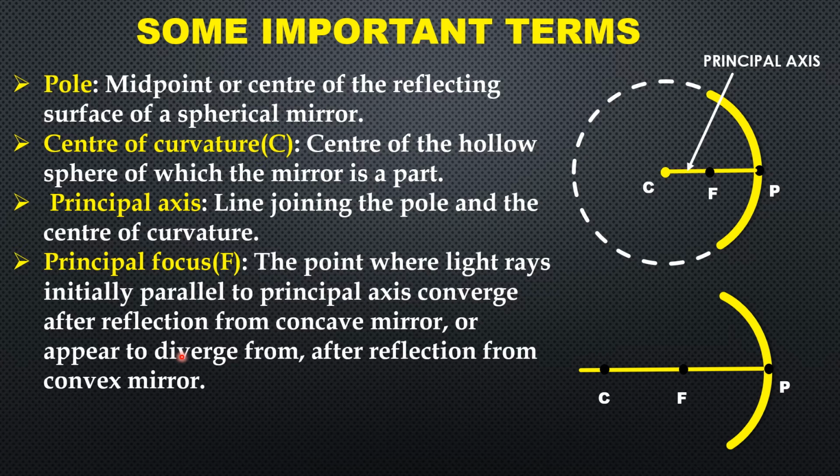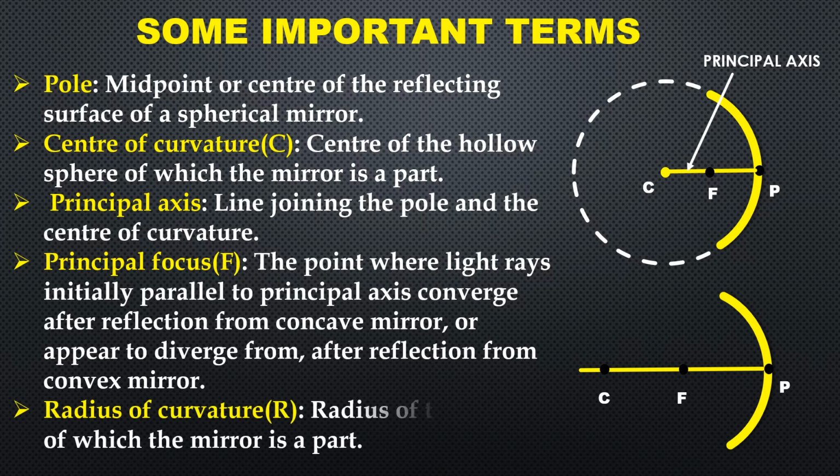They converge after getting reflected from the concave mirror at this particular point, which is known as the principal focus, and they appear to diverge from it in the case of a convex mirror, which we will discuss in the coming parts of the chapter. And radius of curvature is the radius of the hollow sphere of which our mirror is a part. So it is basically the distance between pole and center of curvature, and it is represented by capital R.